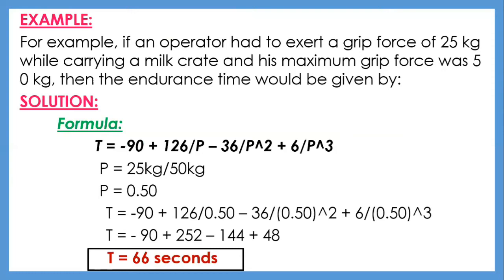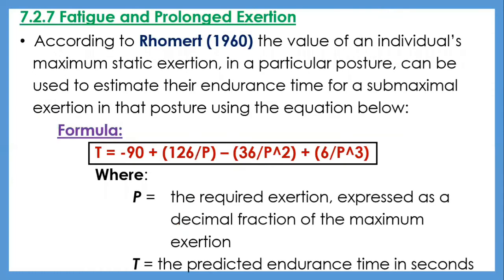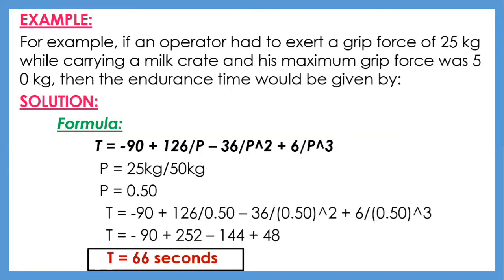So remember, P is the required exertion, and it is expressed as a decimal fraction of the maximum exertion. So therefore, in getting P, we need to have the 25 kilograms divided by 50 kilograms, and so this will leave us 0.50.